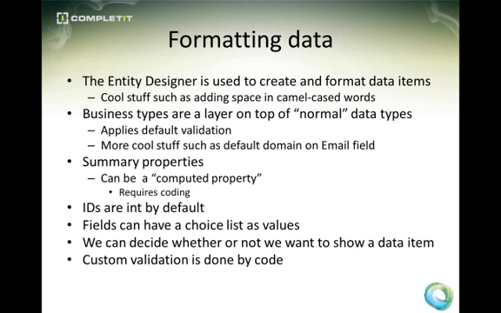However, that is in many cases not what we want, so we can create our own summary property. And a summary property is most of the time a computed property. Something that we say this and this and this field perhaps makes up how the entity should be shown. There's a little coding required to do something like this.